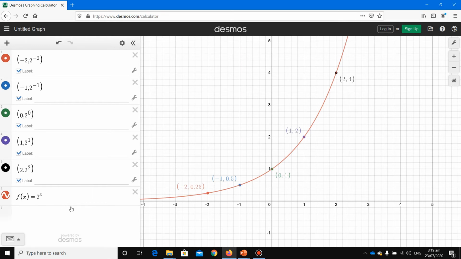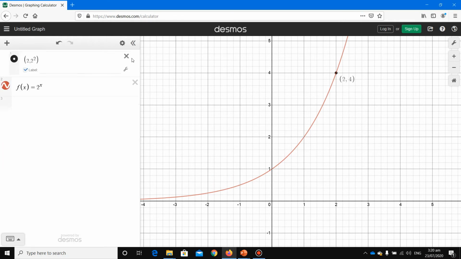Therefore, we can say that these points are part of this function. Now let's move on to the parts of our graph. So let's erase these points.